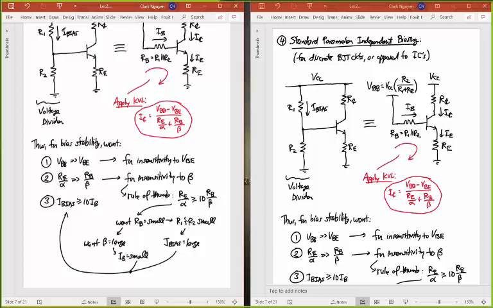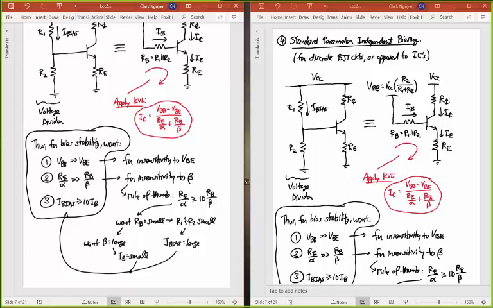And so in the end, this is what you want to design for in order to get a very stable design point. So as you're designing, you're going to be checking these things. You're going to be checking what's my VBB, what's my I bias versus my base current.